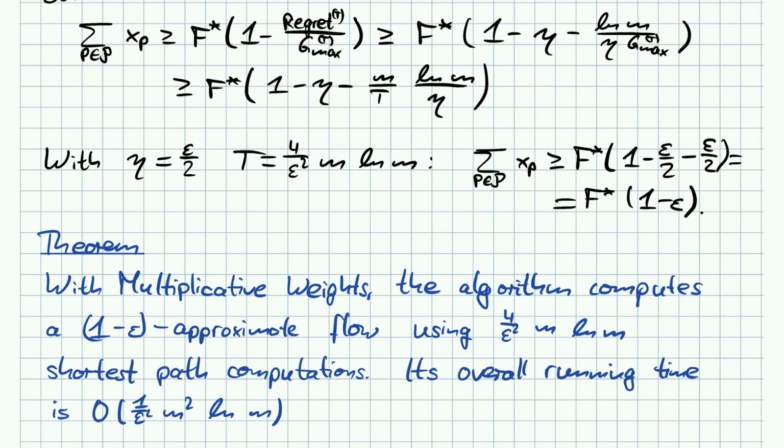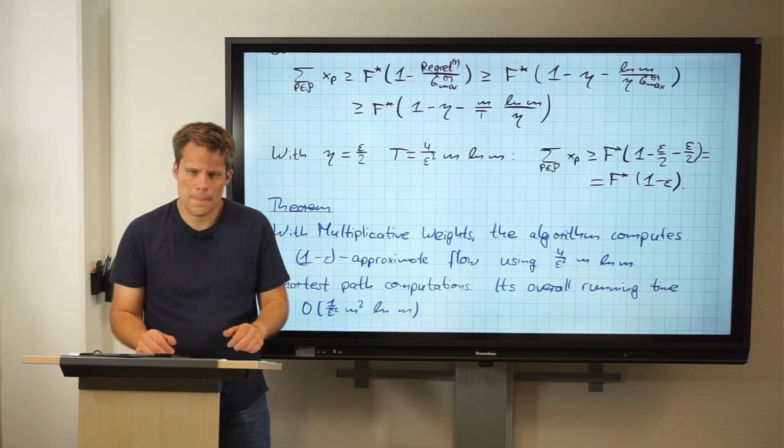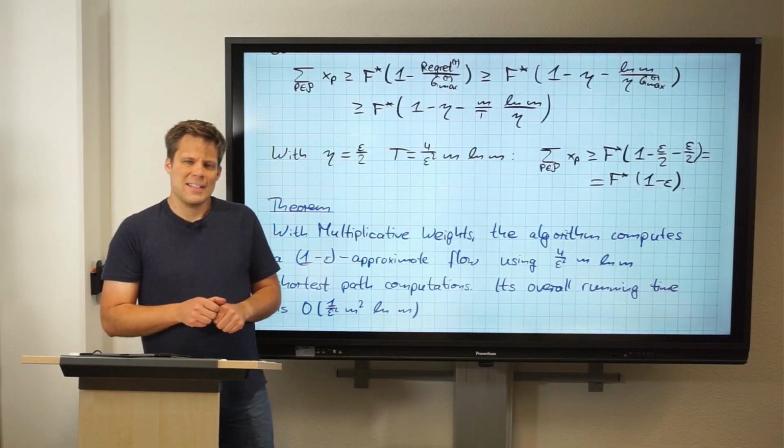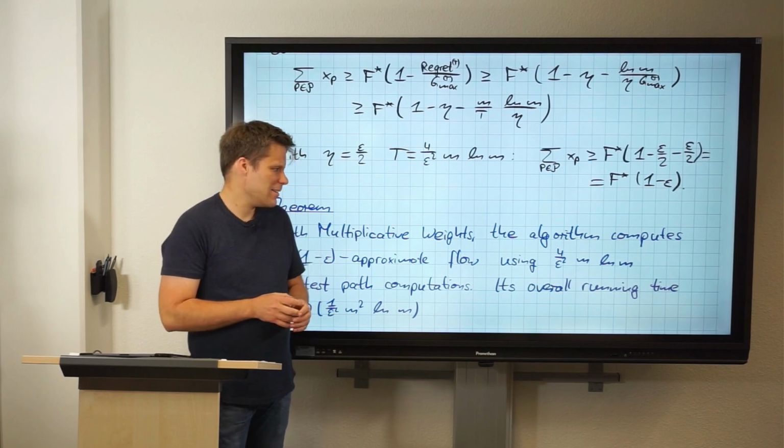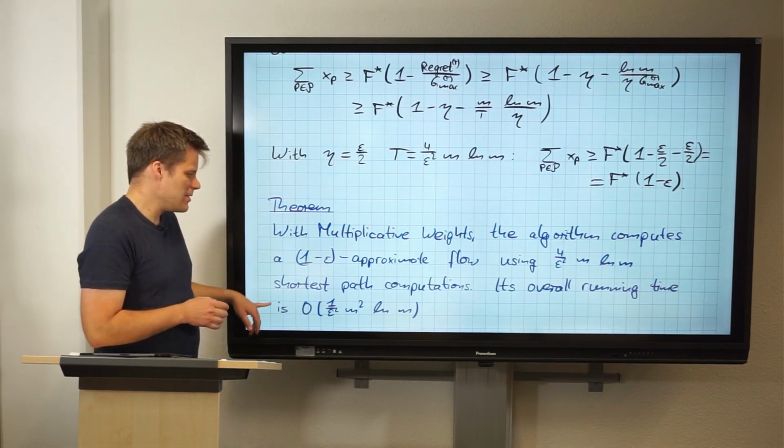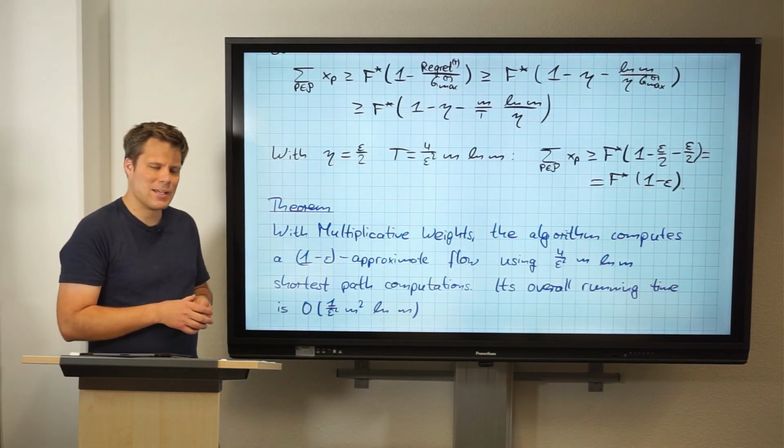Well, just plug in the running time for one shortest path calculation, and then you'll see, okay, this is effectively m, so we'll have to multiply this by another m. Good. So this is what we can get out of this.